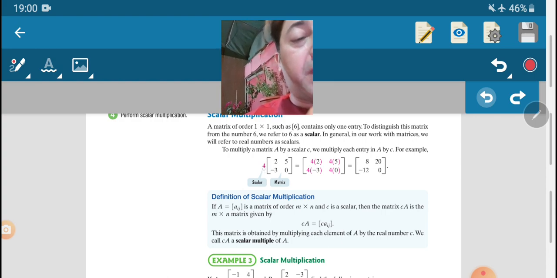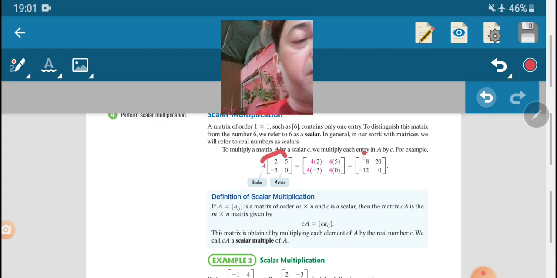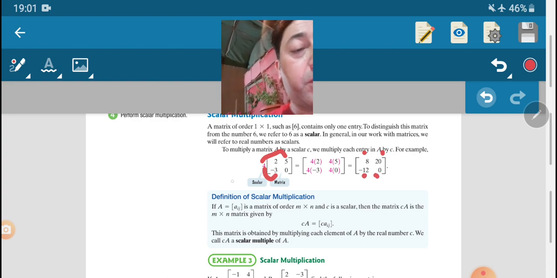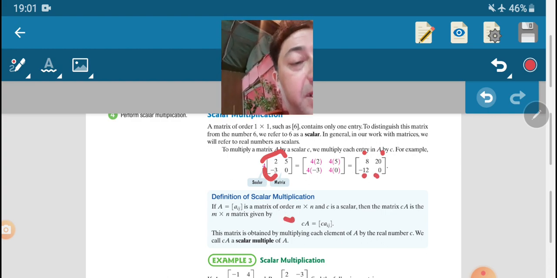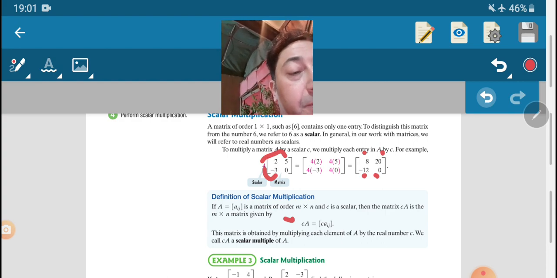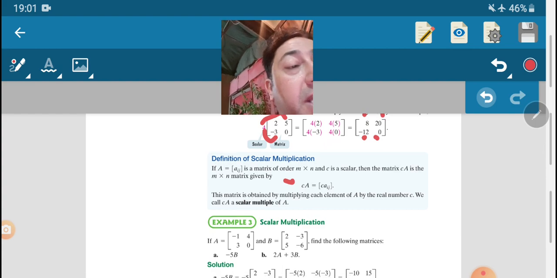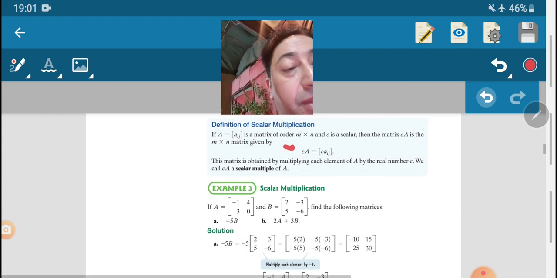You have to multiply it by each member in the matrix. So 4 times the matrix 2, 5, negative 3, 0. We multiply 4 by 2 first, which is 8. 4 by 5, 20. 4 by negative 3, negative 12. 4 by 0, 0. So if you want to multiply a scalar into a matrix, we multiply this scalar into each element in the matrix.